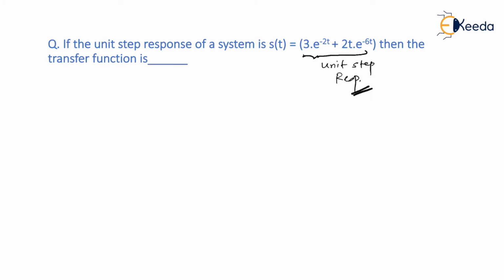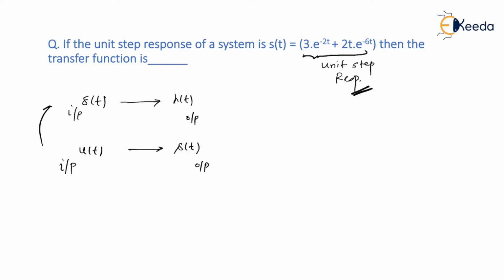So let us see how we go towards it. We know that if delta(t) is the input, after passing through the system you get the output h(t). Again, if you give u(t) as input, that is nothing but a unit step, the output that you get is s(t), which is the unit step response.